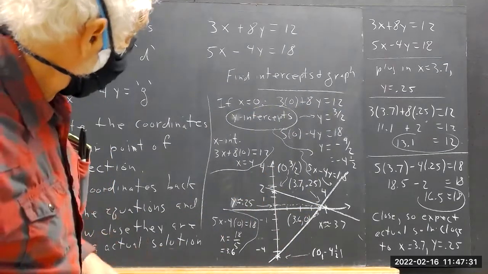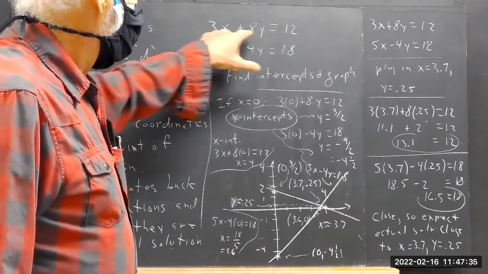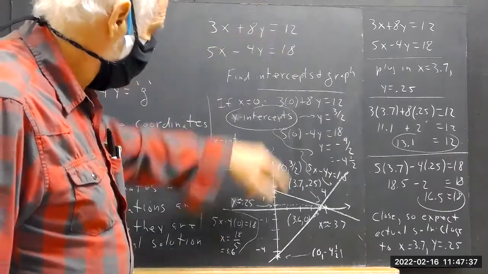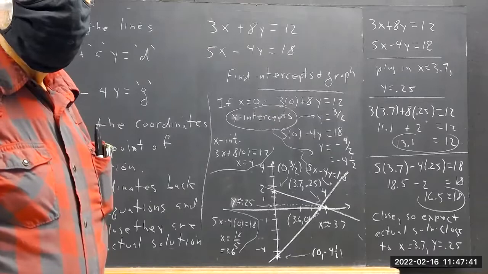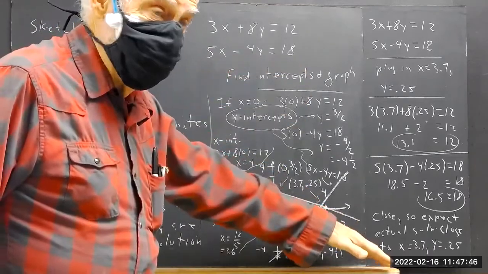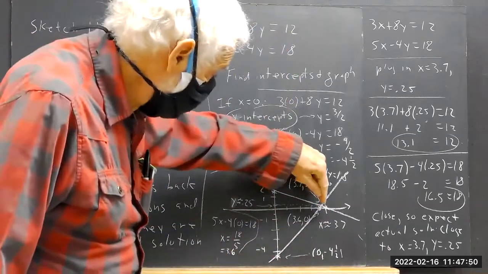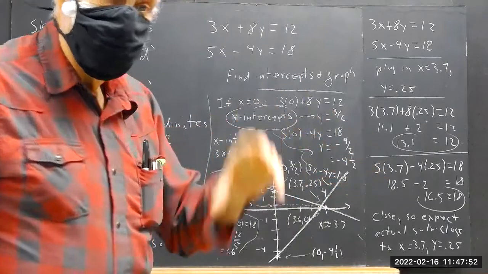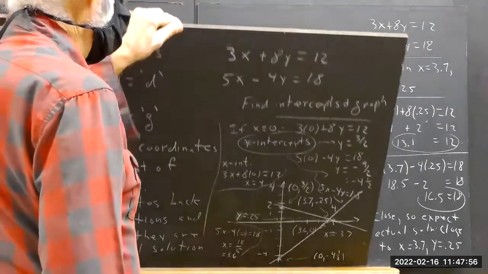And you have to understand that any numbers that satisfy this equation are going to have to lie on the straight line I've depicted here. And all the numbers that satisfy this equation lie on this. So the numbers that satisfy both equations have to be right here. That's important to understand. It gives you a much better understanding of the meaning of a graph.